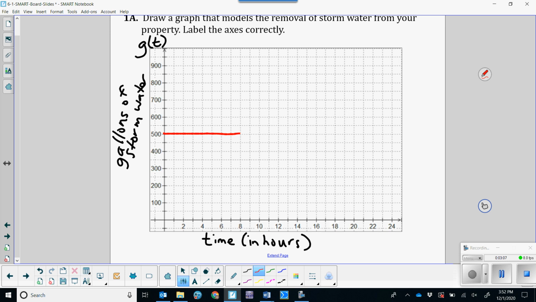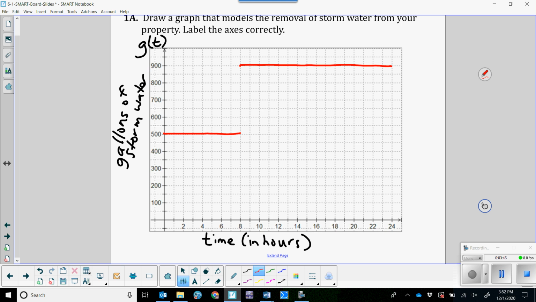This is how many gallons of water we're removing per hour. Then at 8 hours we get another pump, and now we can get 900 gallons out. So it switches up to here, and for the next 16 hours, all the way to 24 hours, we're at this rate. That's the graph that models this.